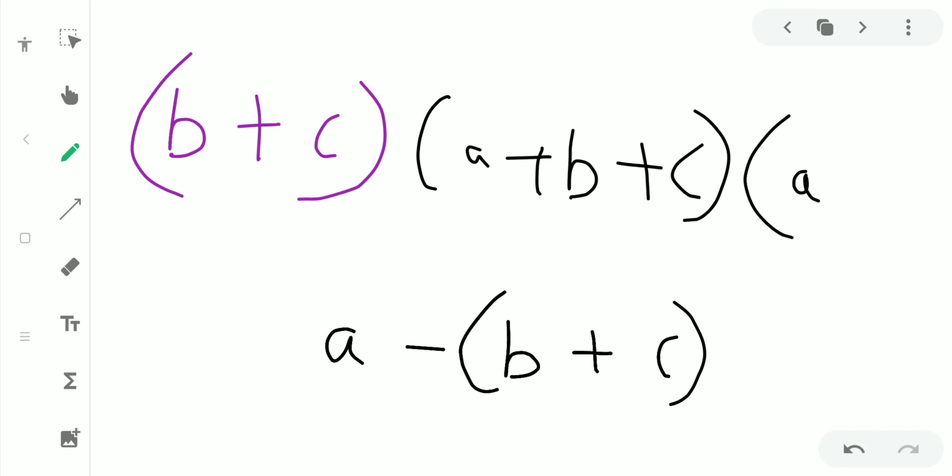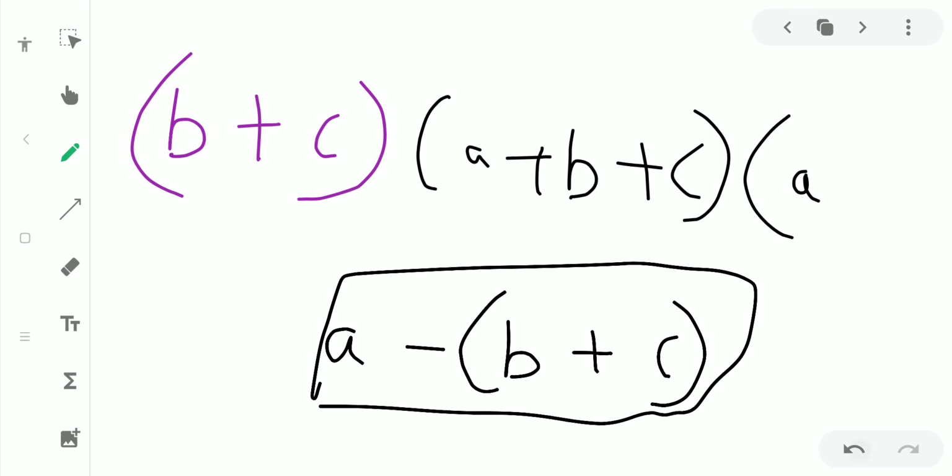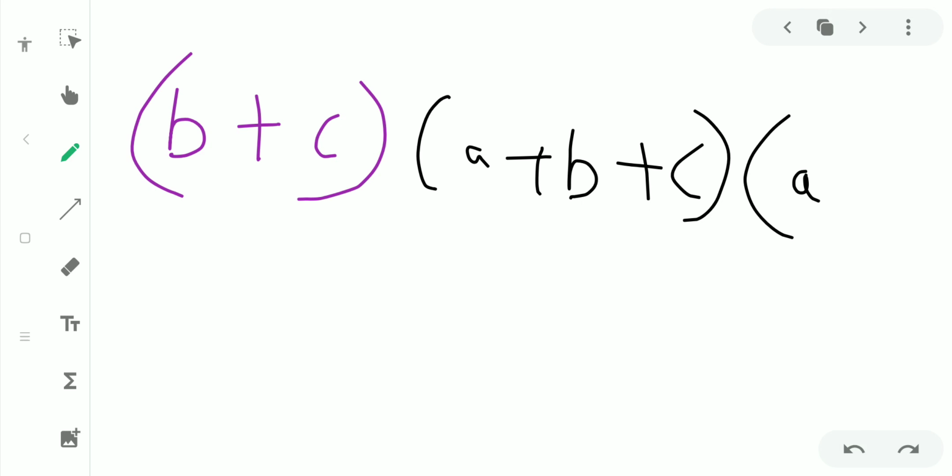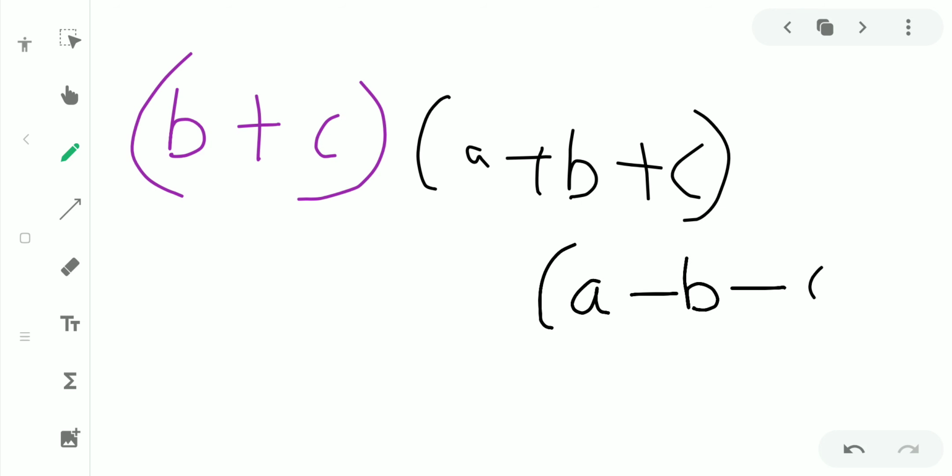We should multiply minus with the whole expression. We will get a minus b minus c. So that I am writing down. That is a minus b minus c.